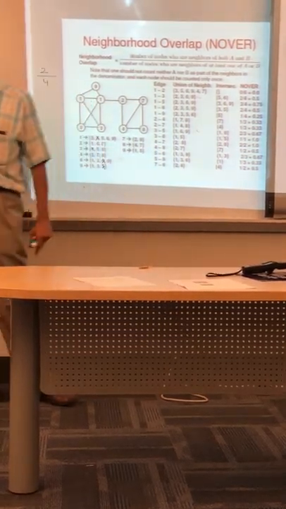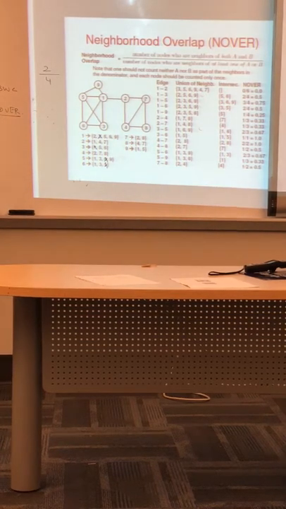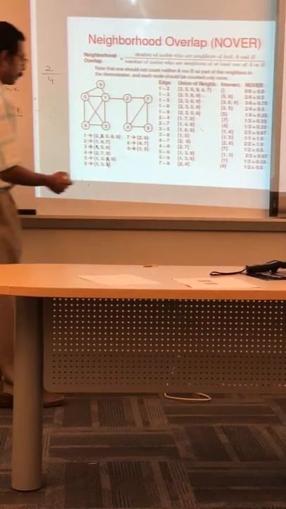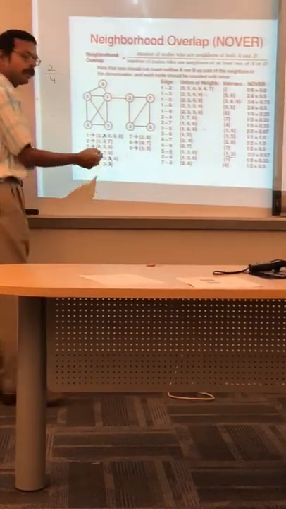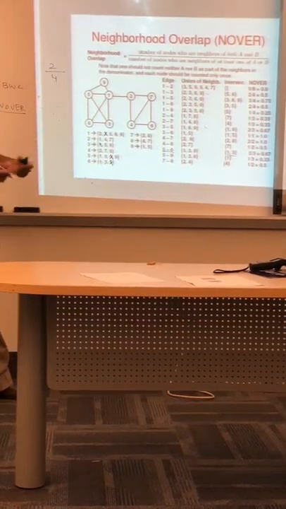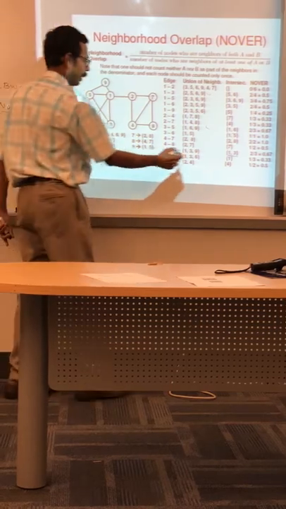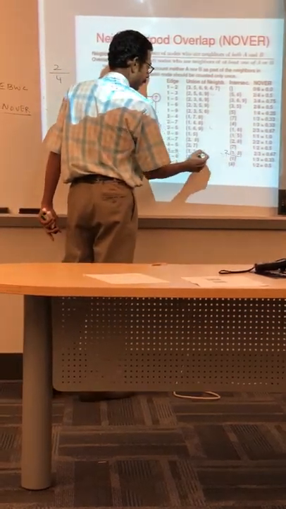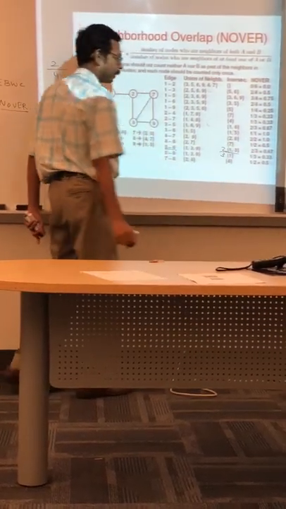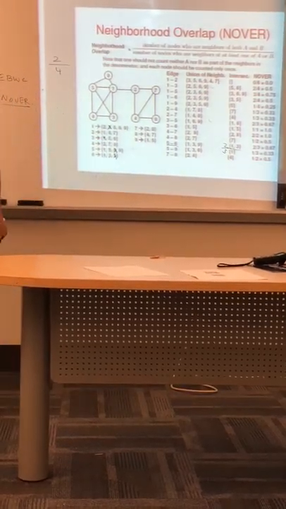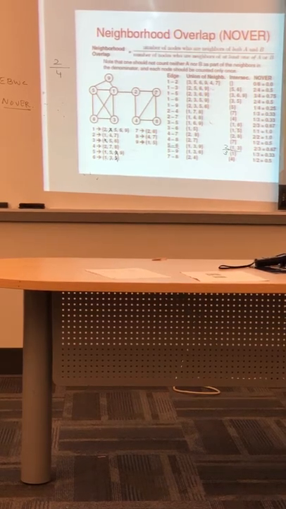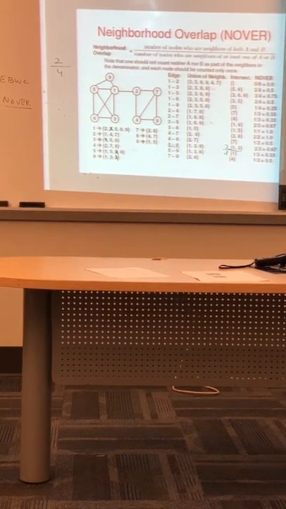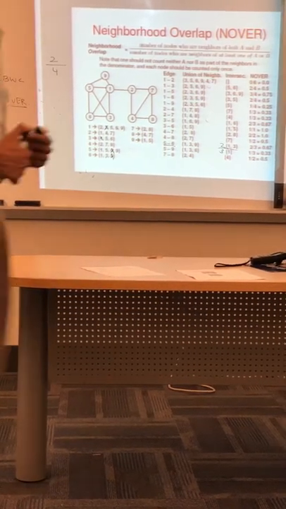So 2 divided by 3, because there are 2 common neighbors for 5 and 6. 1, 3 is present in both, and 1, 3, 9 is the union. So 2 common neighbors, 3 totally, so 2 divided by 3, 0.67, is the neighborhood overlap score. Okay, any questions so far on how to find the neighborhood overlap?